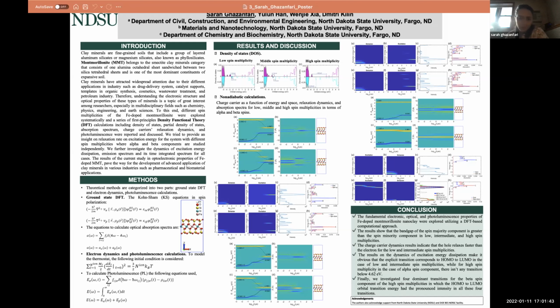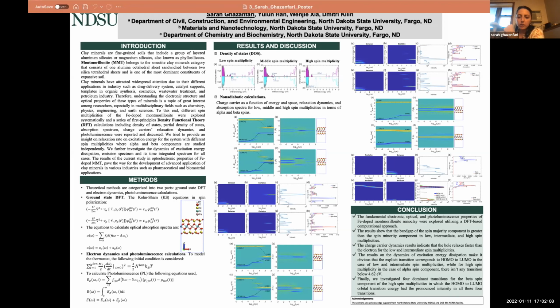And as you can see from the figures, for the high spin multiplicities, in the case of the alpha component, there isn't any transition below 4.6 electron volts, and in this figure you can see just until 3.2 electron volts.